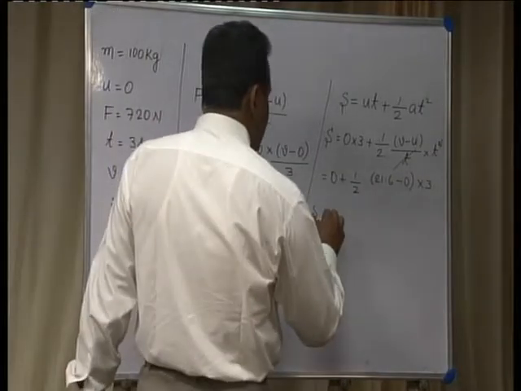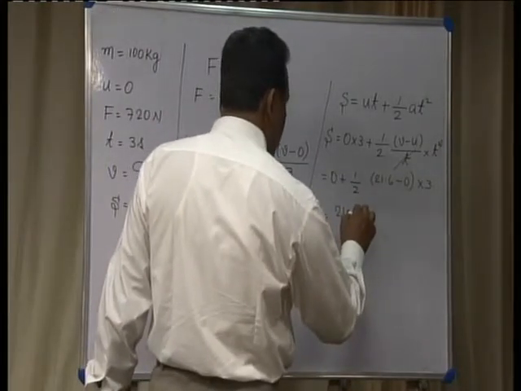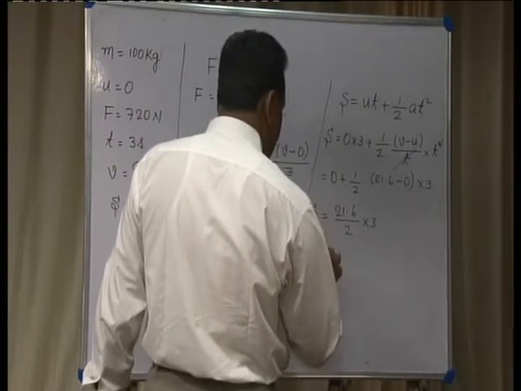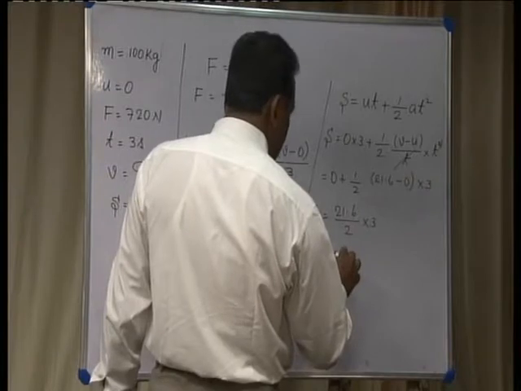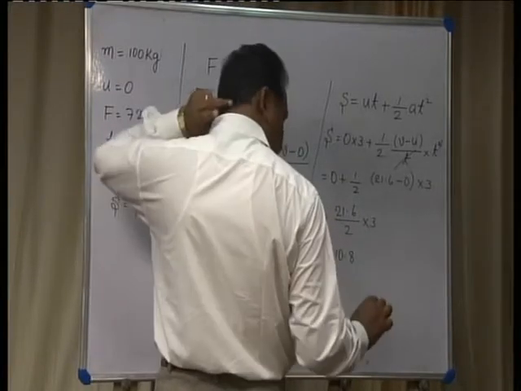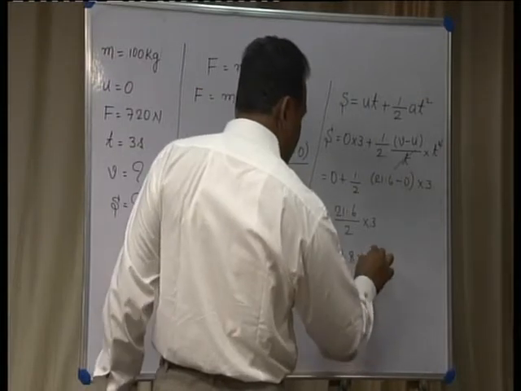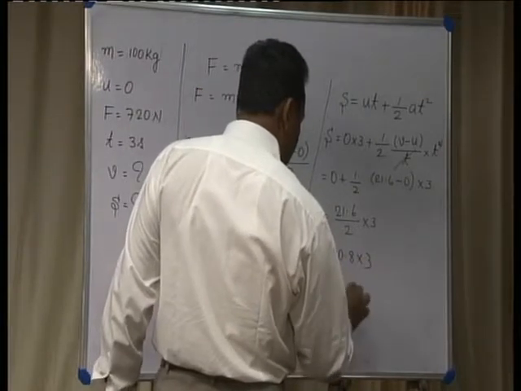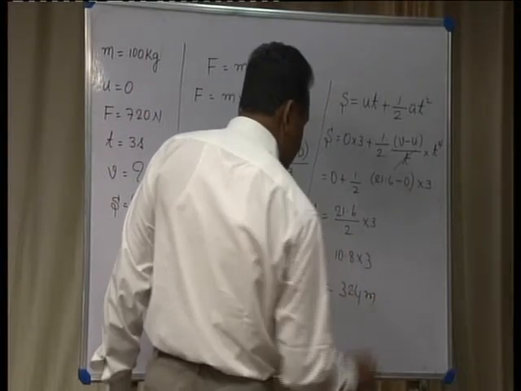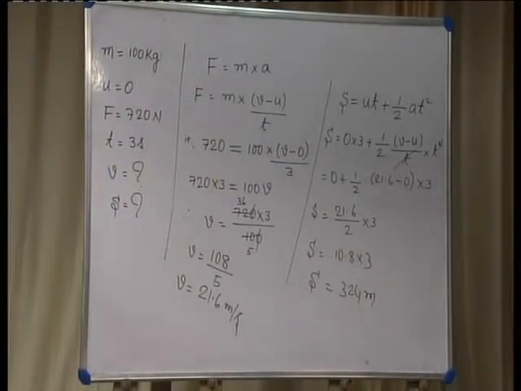So now S is equal to 21.6 divided by 2 into 3. 2 10 20, 2 8 16, into 3. S is equal to 32.4 meter, the distance travelled by this body under this circumstance.